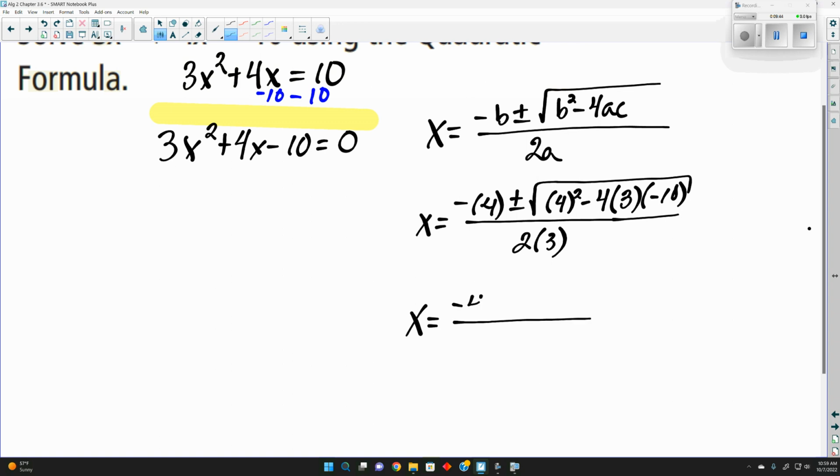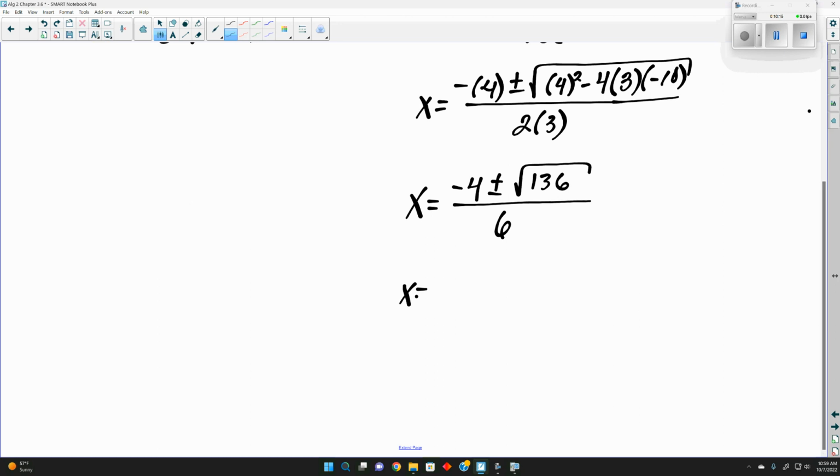Now we need to simplify, so we'd have negative 4. The denominator, 2 times 3 is 6, plus or minus. And again, the next part I would do is our 4 squared minus 4 times 1, not times 1, times 3 times negative 10. And we get 136. Now we can plug this into the yellow calculator to see if it reduces.